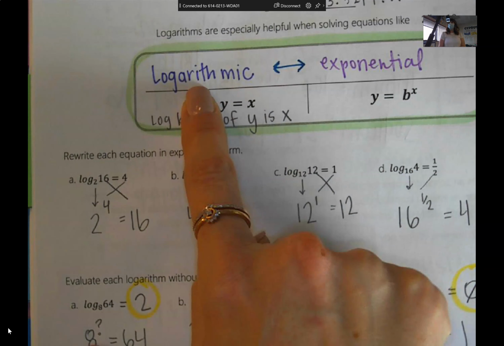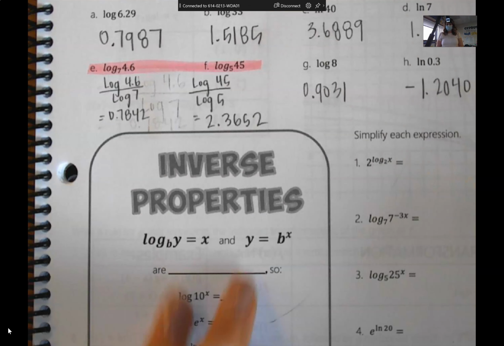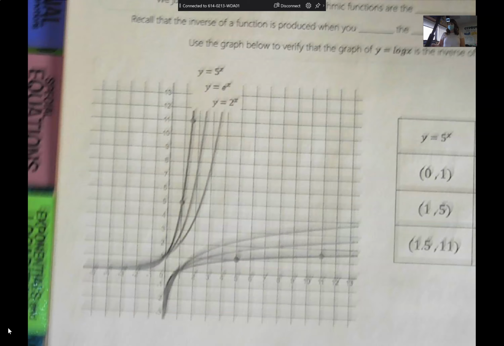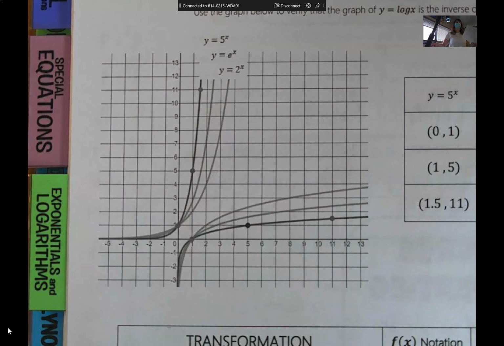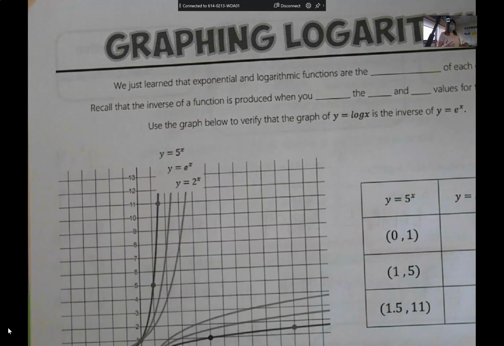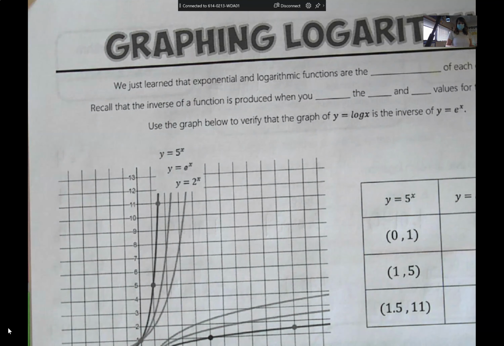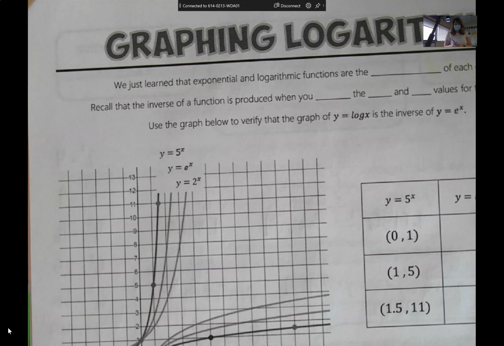So last time we learned what a logarithm is, and today we are talking about what a logarithm looks like if we graphed it. So what does a logarithmic function look like? At the top, we start with that really important property that we learned last time, which is that exponential and logarithmic functions are inverses.